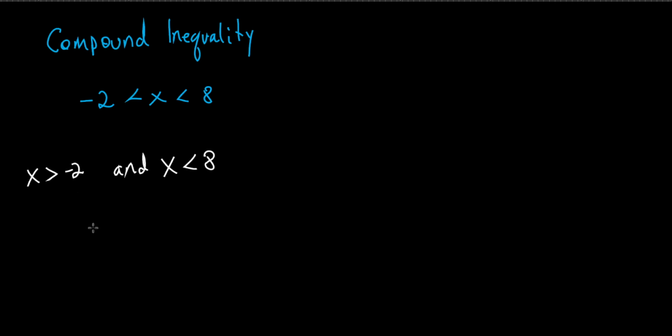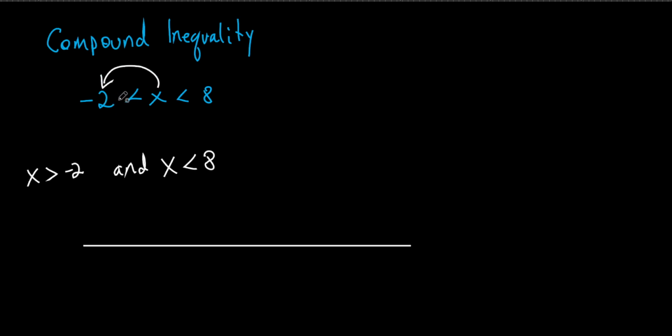So what I want to do now is graph this thing. This graph's going to be a little bit different. Just to make it a little easier, x is on the left. Because remember, I'm reading this from right to left. If I read it from right to left, it's x is greater than negative 2.